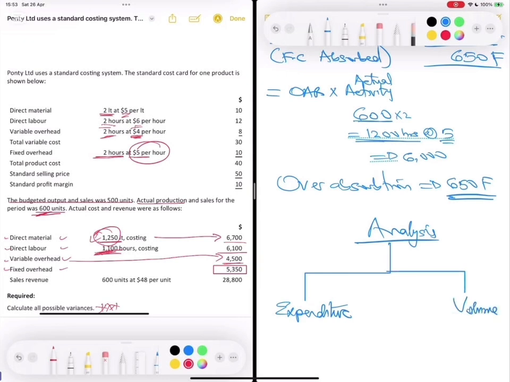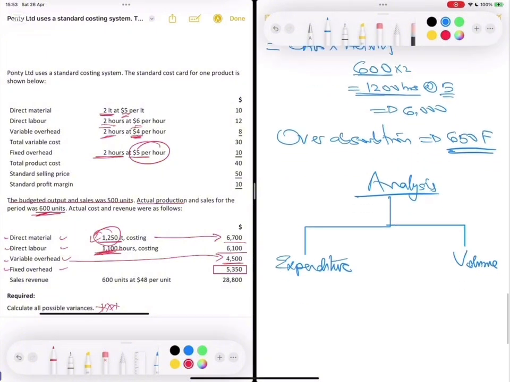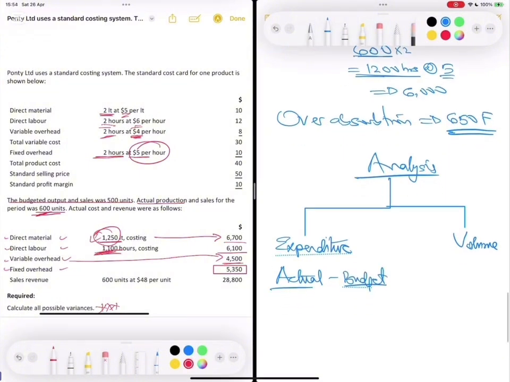The expenditure variance is the easiest variance ever made for fixed cost, because it's just actual minus budget. It's the first time you'll be seeing the budget amount being used. The actual is 5,350, and the budget is $10 per unit with a budgeted 500 units.